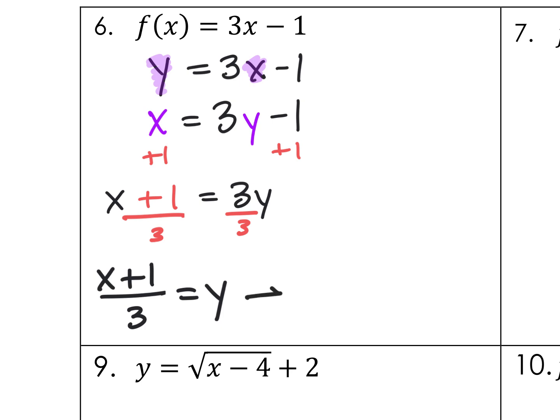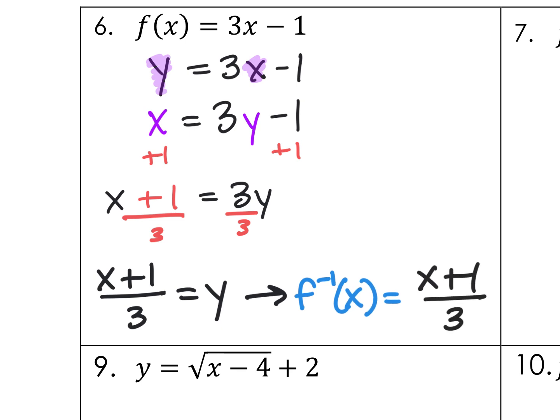So final answer here, the inverse of f of x is x plus 1 divided by 3. You can also write it as 1/3 x plus 1/3. You can break it apart. I'm fine if you leave it like this.